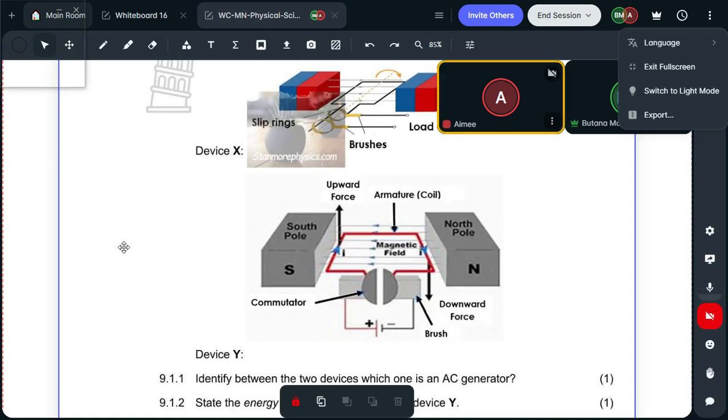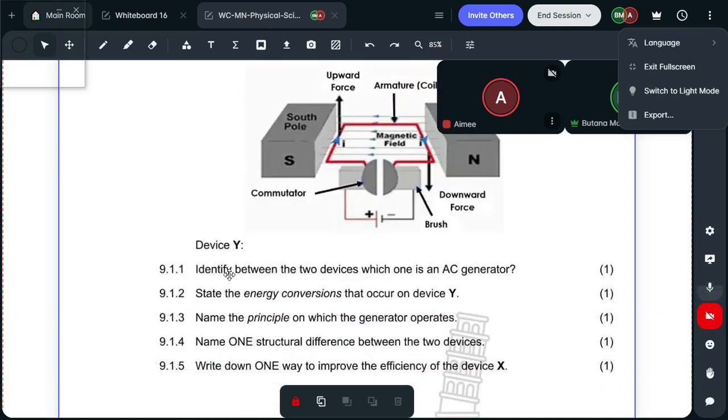Let's start with the first question, 9.1.1. Identify between the two devices which one is an AC generator.